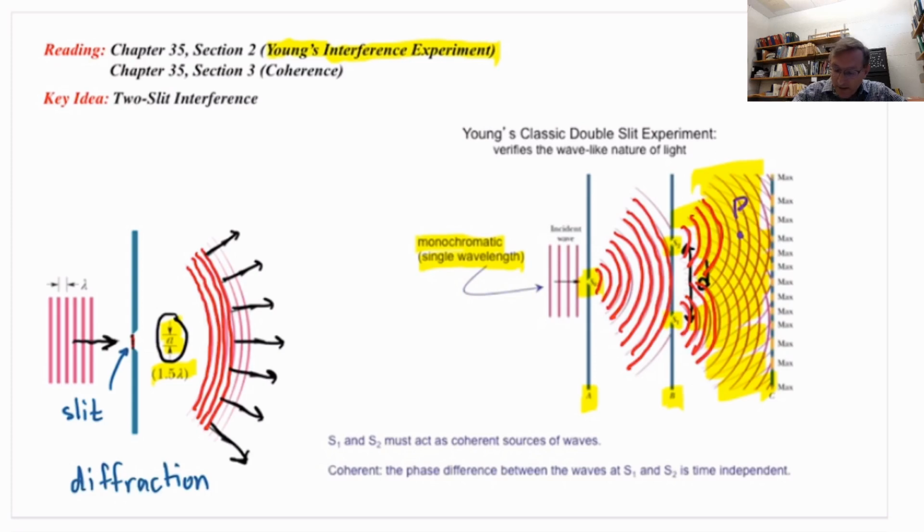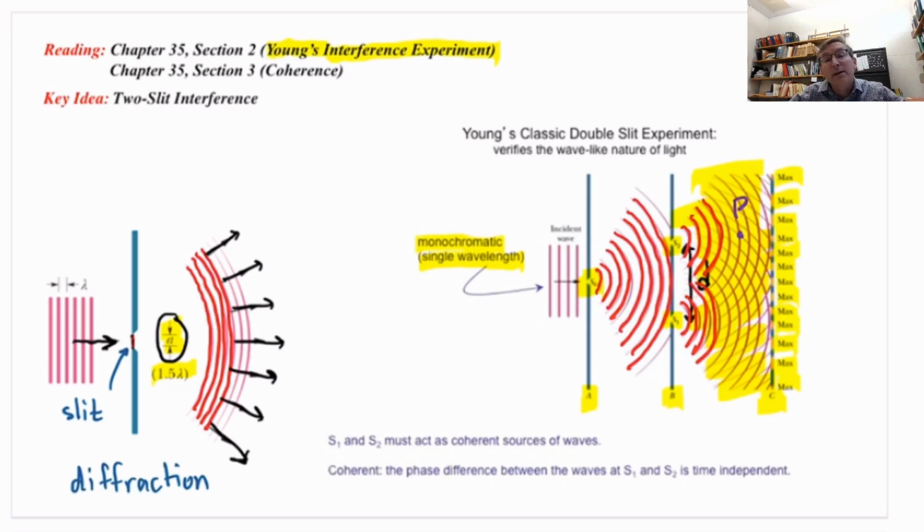And so what was discovered on the viewing screen, C, over here, parallel to the other screens, A and B, was alternating bright and dark regions on the screen, which we now call fringes. They're called maxima if it's bright, and minima if it's dark. And this drawing shows where the maxima roughly would be, where you would see bright fringes of light, but alternating in between with dark fringes.